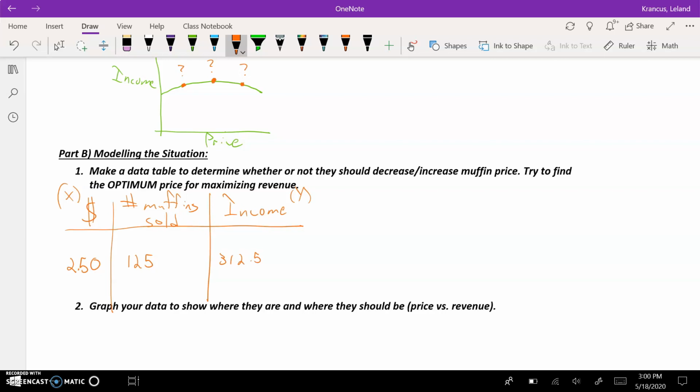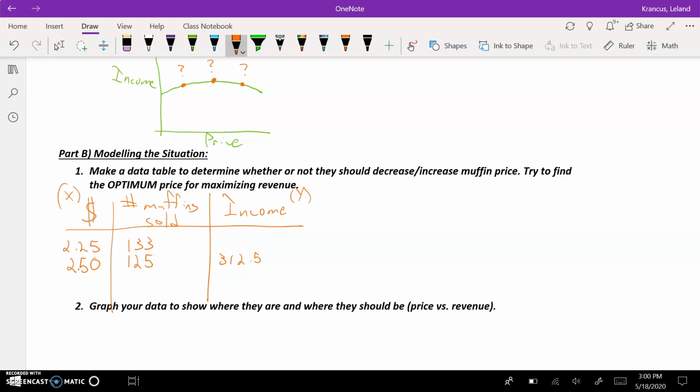And so what you want to do is see what happens to their income if they increase or decrease the price. So for example, if they were to make their muffins cheaper and they went down to $2.25, they make them cheaper. Remember, they're going to sell more muffins. So they would sell 8 more muffins. They would sell 133 muffins according to their predictions.